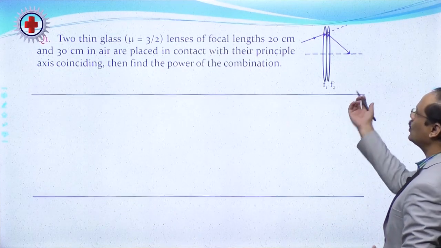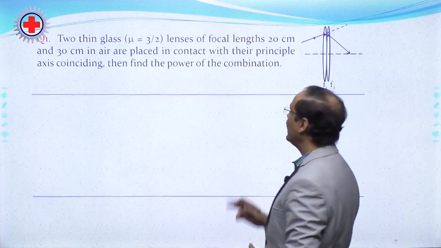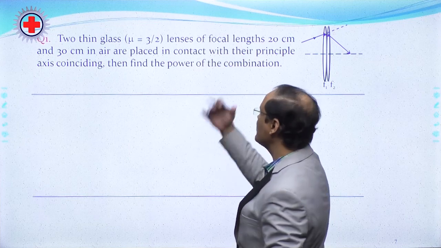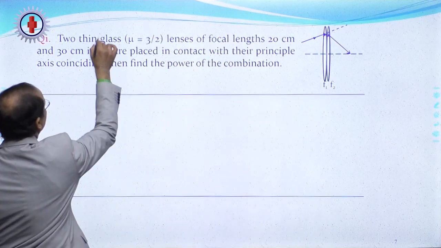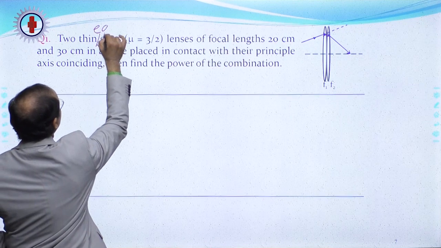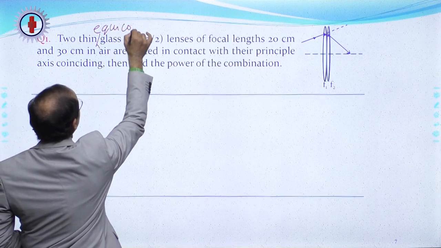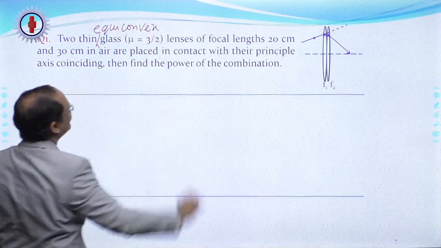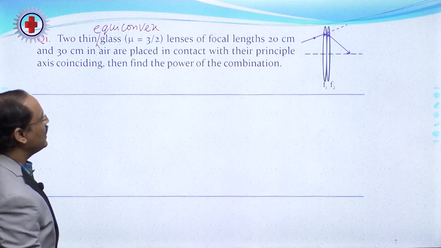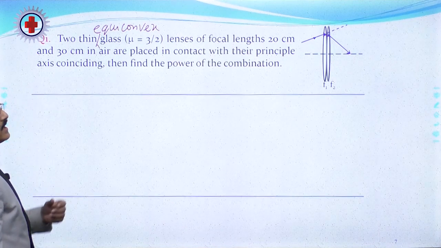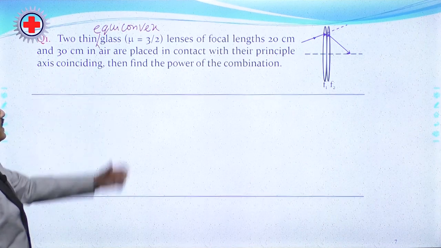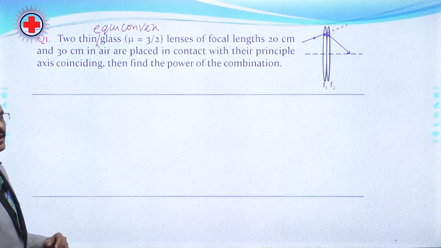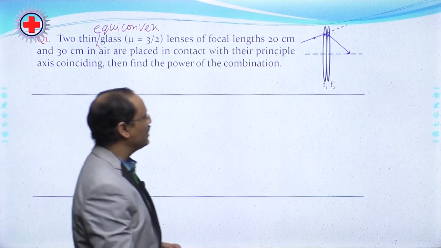We have two thin glass lenses, and when nothing is mentioned, we will be considering two thin equiconvex glass lenses. Glass lenses of focal lengths 20 centimeter and 30 centimeter in air are placed in contact with their principal axis coinciding, then find the power of the combination.